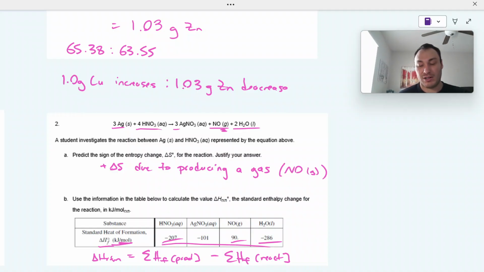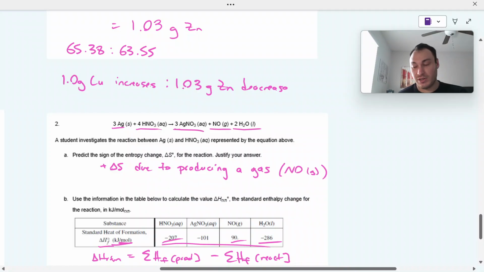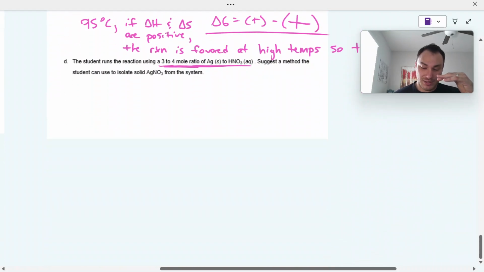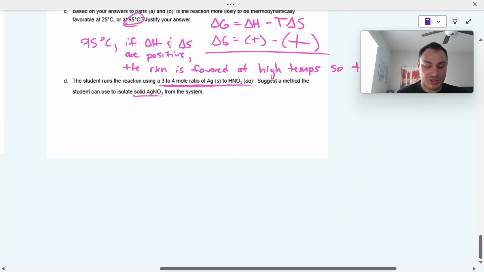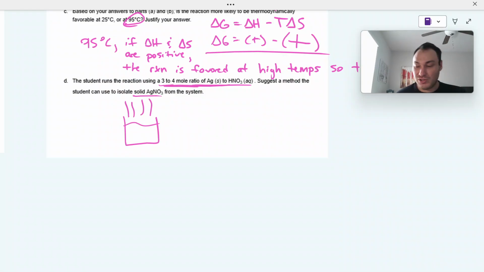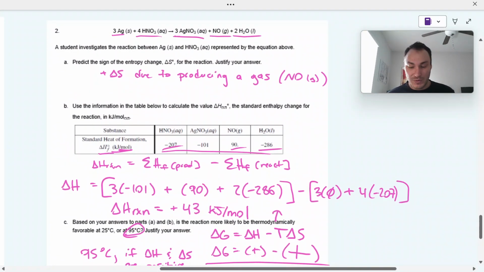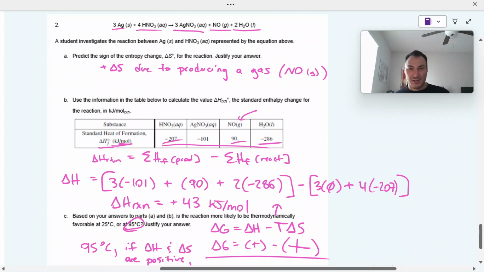Notice what's in our products. We have gaseous NO, liquid water, and aqueous silver nitrate. So if we want to get solid silver nitrate, we run the reaction and allow it to sit around a while and evaporate, or we heat it up and encourage that vaporization more. Once all the liquid evaporates, we are going to be left with just solid silver nitrate. Why? Well, NO is already a gas, so it's going to go away.